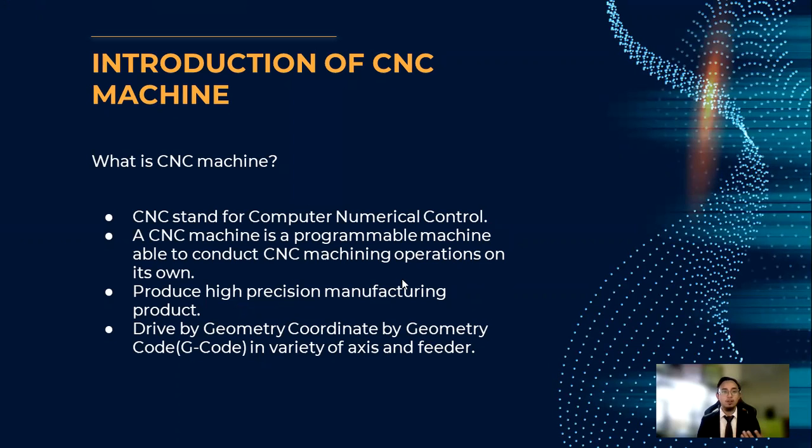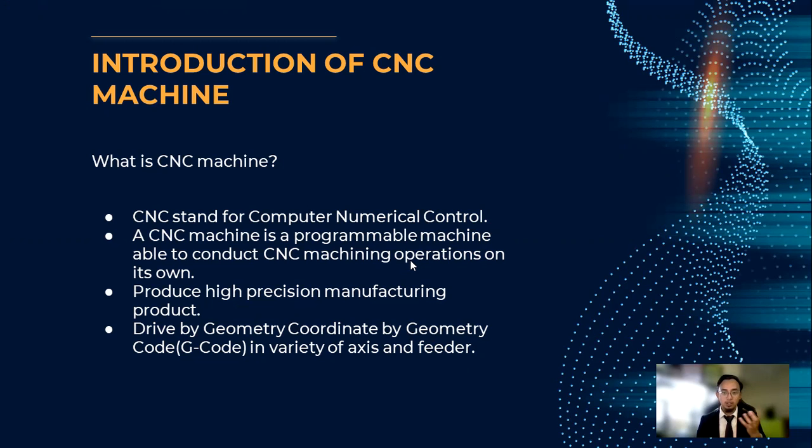CNC stands for computer numerical control. Before CNC was found, the machine was controlled by NC, which is a G code that would be keyed in manually.